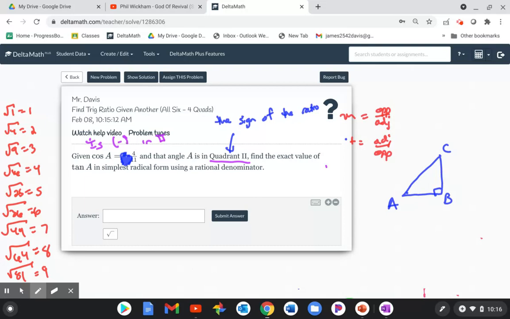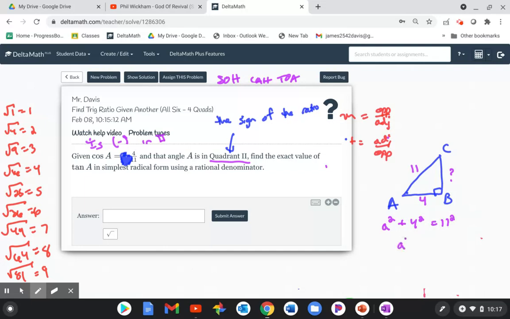So the cosine is adjacent over hypotenuse. Cosine is adjacent. So adjacent of A would be here, 4. Hypotenuse is 11. So we need to find this missing side over here. Let's call that A. So we have A squared plus 4 squared equals 11 squared.